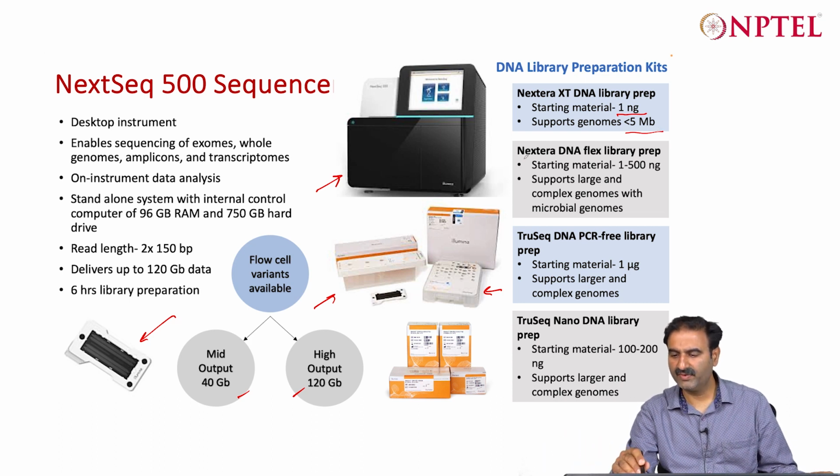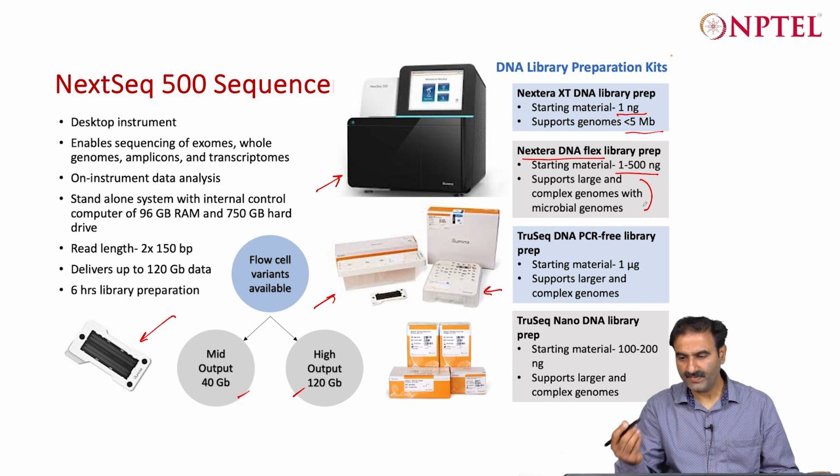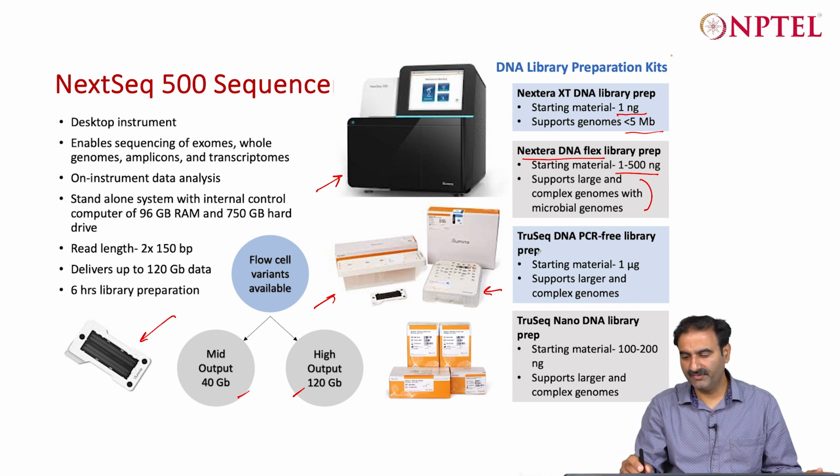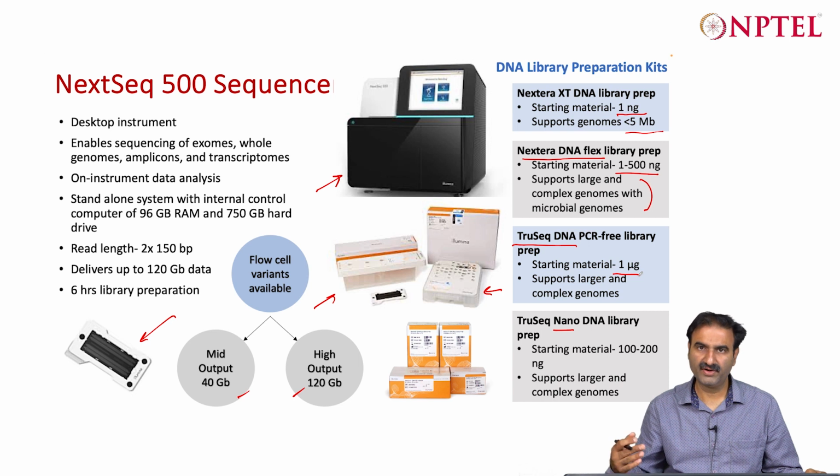Another one is Nextera DNA Flex, with starting material up to 500 nanogram, and slightly larger genomes can also be done. But for longer or larger genomes we use TruSeq technology. There are two variants: TruSeq DNA and TruSeq Nano. For TruSeq DNA the starting material is about 1 microgram, but to be on the safer side you take more and keep it reserved for later analysis.